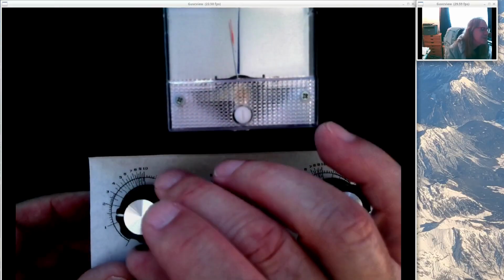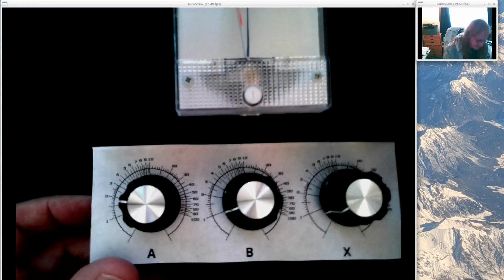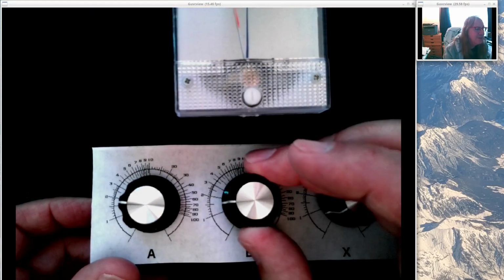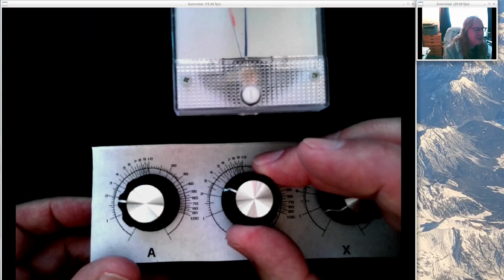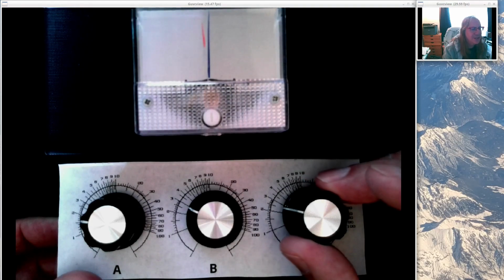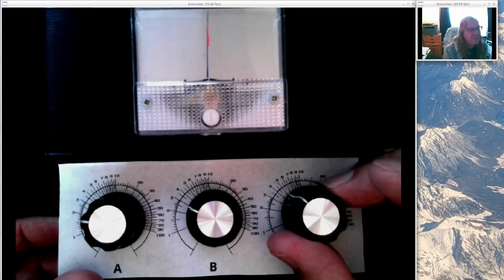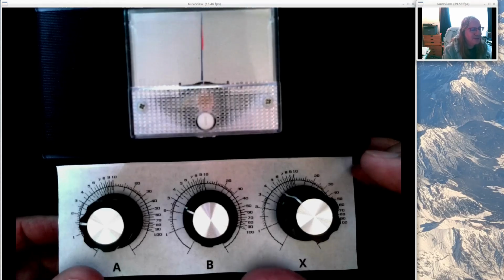So let's turn this to the number 2, and you have to look at it head on, so that's a little tricky to do with this angle. And then we turn this dial to 3, and then we turn this dial until that needle is nicely centered, and it looks like right about there.